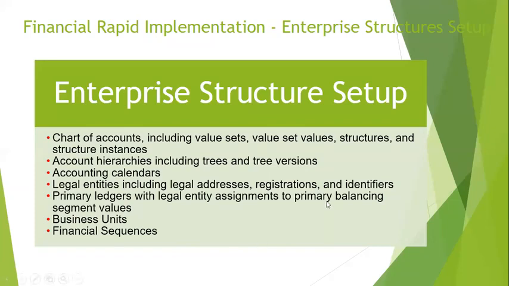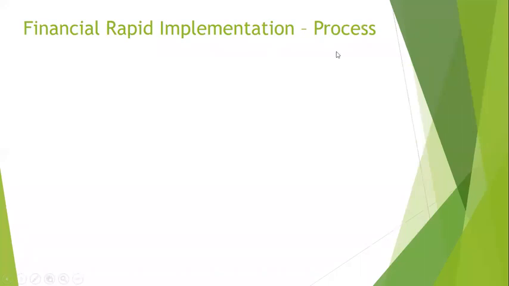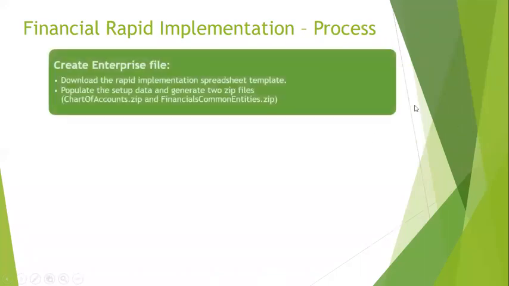So now let's see all the steps that are involved in this enterprise structure setup using rapid implementation. The first one, we have to create an enterprise file. In creating the enterprise file, you have to download the rapid implementation spreadsheet template from the application, populate the setup data that we want, and generate the 2 zip files.